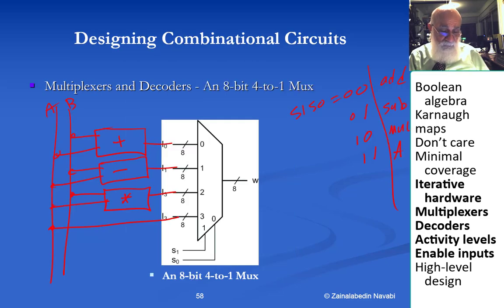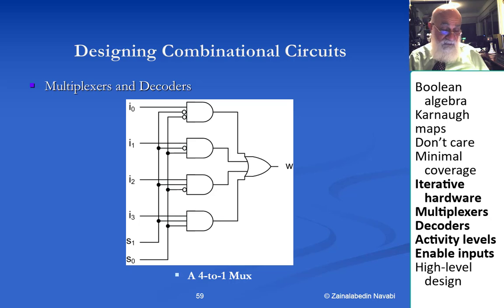Here is a multiplexer. I can build a multiplexer using AND OR logic, and I've shown you how to take a 2-to-1 multiplexer, turn it into a 4-to-1 multiplexer. Over here, this is I0, I1, I2, I3, S1, S0.